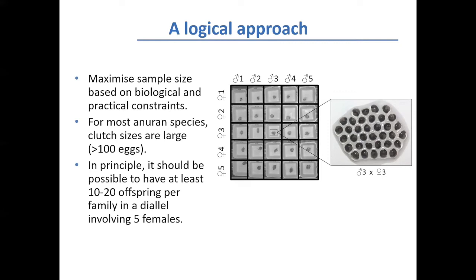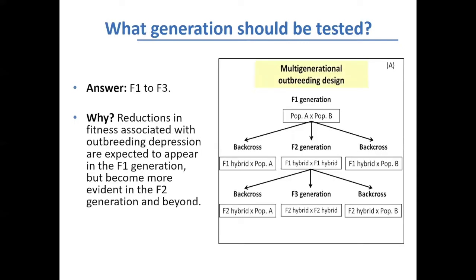Let's now move on to another very important question, and that is what generation should be tested? Here, there is actually a very clear answer. Ultimately, you'll run crosses all the way through into the 3rd generation. I'll come back to this in a minute.